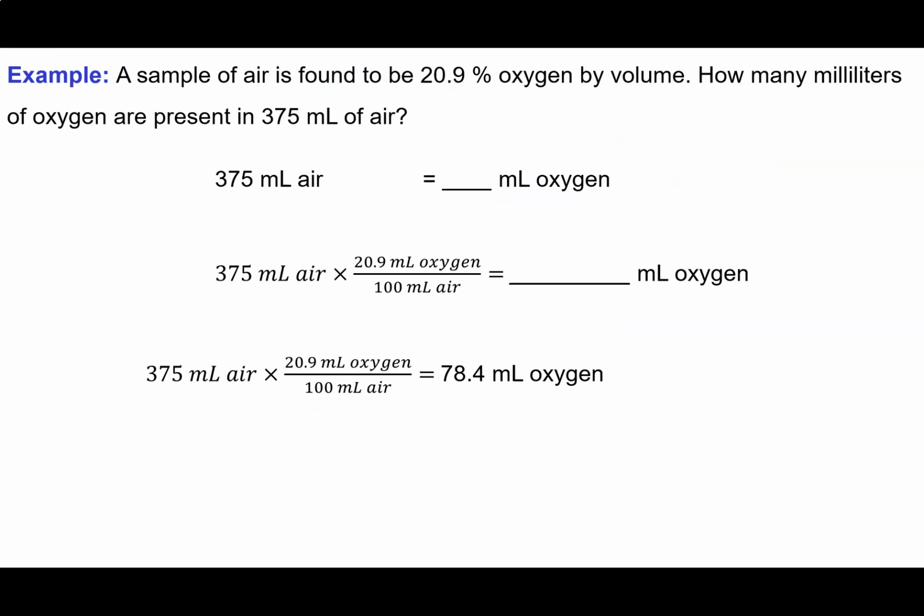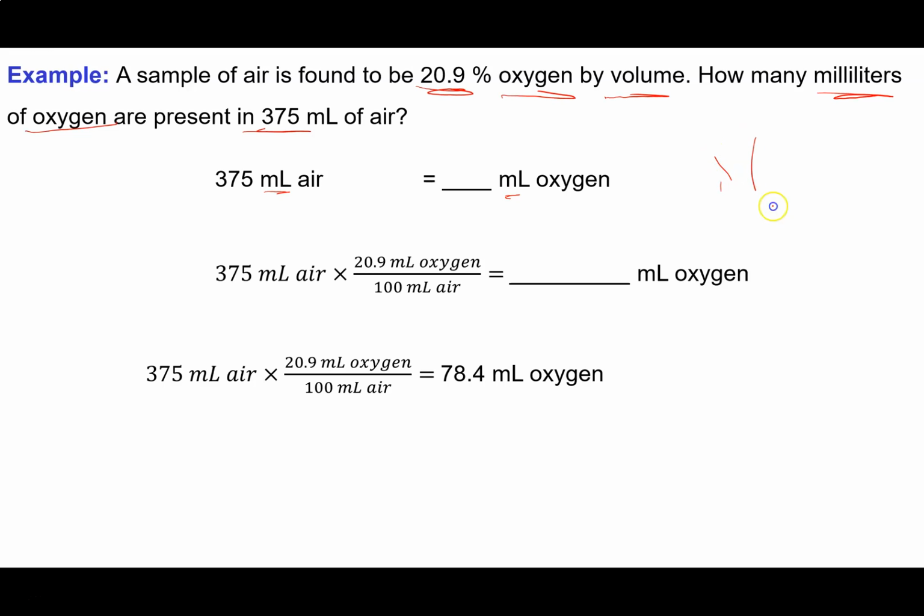So here we go. It says a sample of air is found to be 20.9% oxygen by volume. How many milliliters of oxygen are present in 375 milliliters of air? So I'm going to use dimensional analysis. I've got 375 milliliters of air and I want to turn it into milliliters of oxygen.